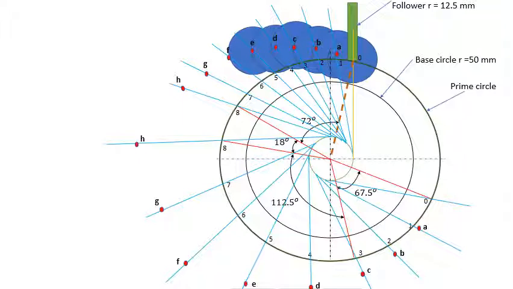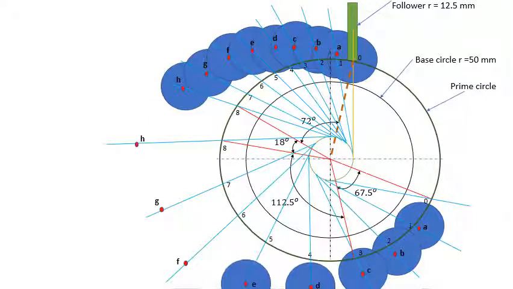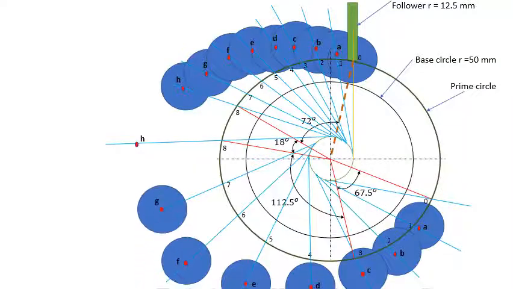Or you can draw the semicircle also. No need to draw the complete circle; even a semicircle is acceptable. On each cutting point, locate the roller follower like this.